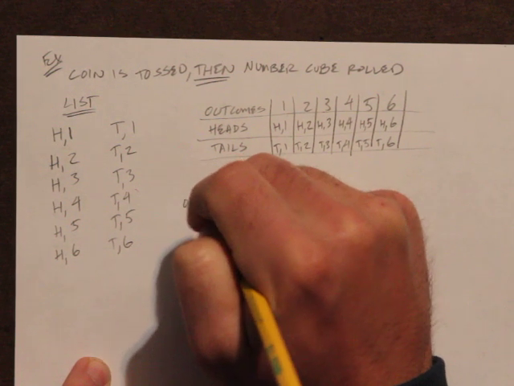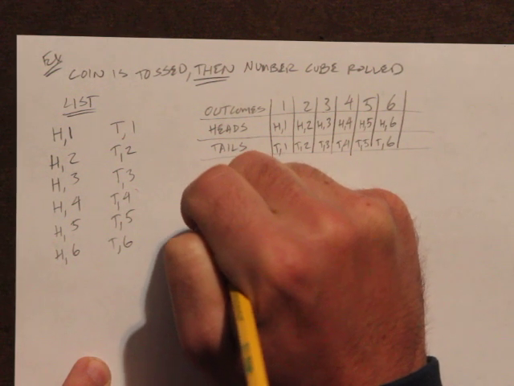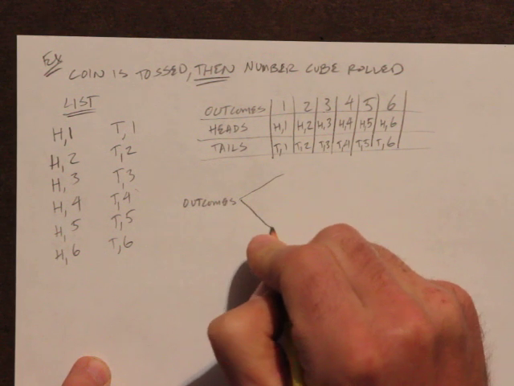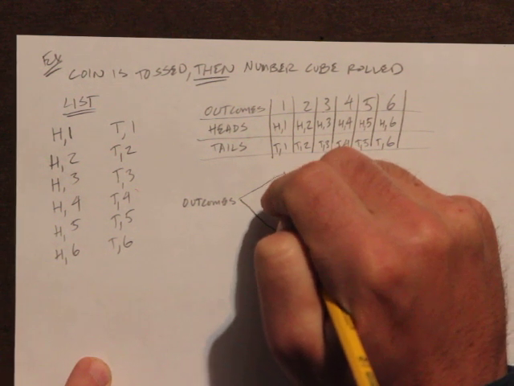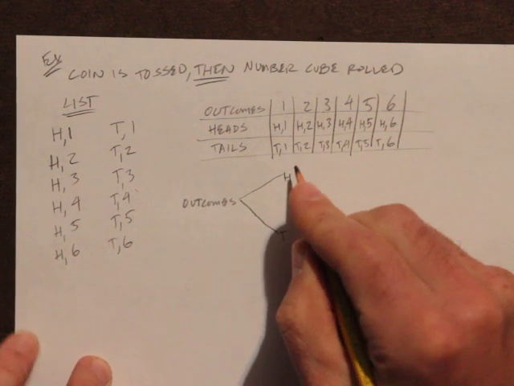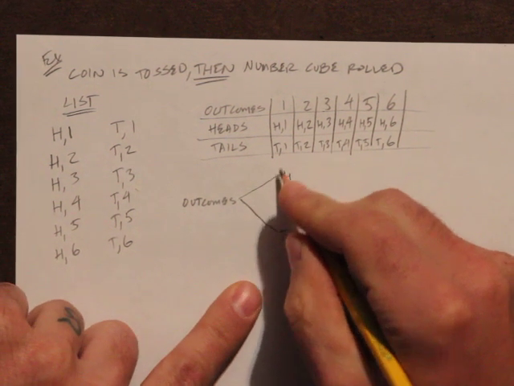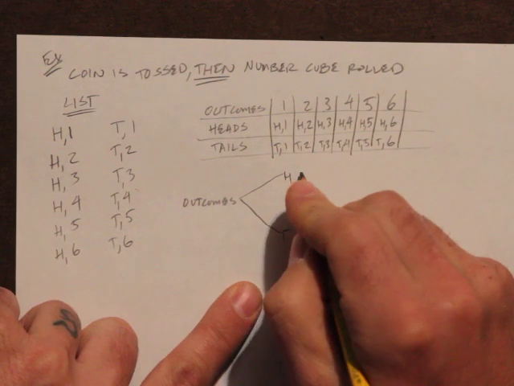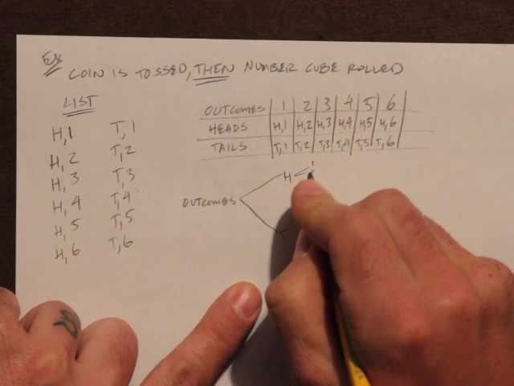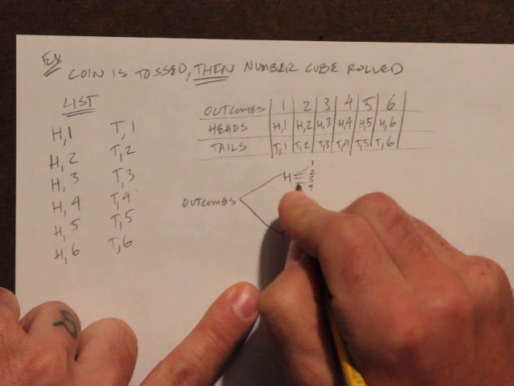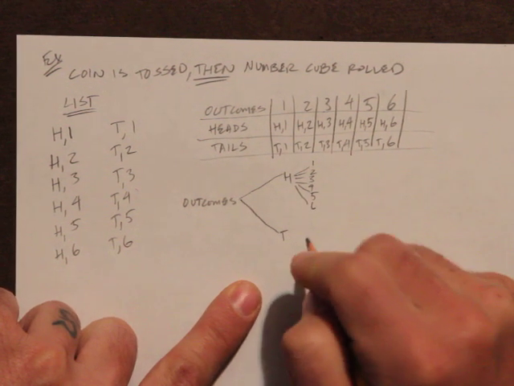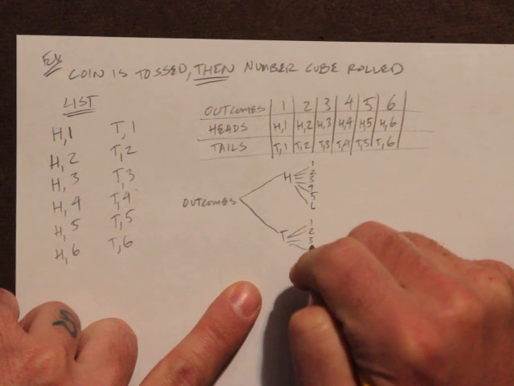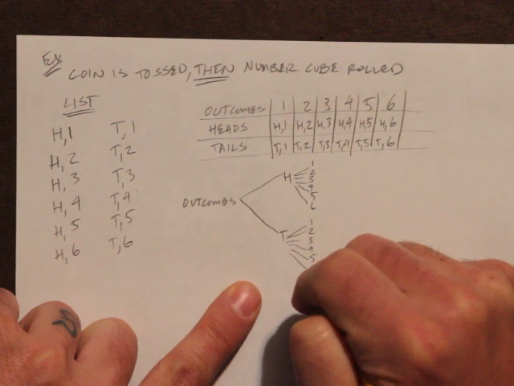Now we're going to do the tree diagram. This time I'm going to do the tree on its side. Outcomes. I can get heads or I can get tails. And so that's my first event. And my second is 1, 2, 3, 4, 5, 6 for each.